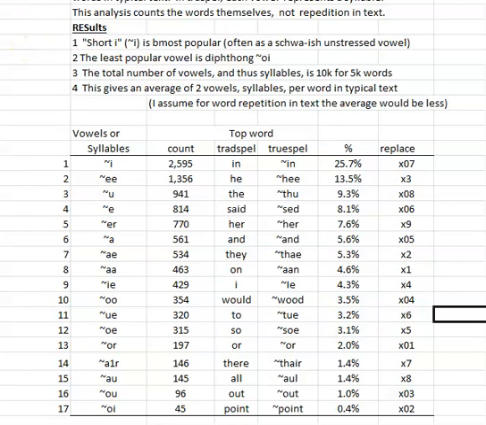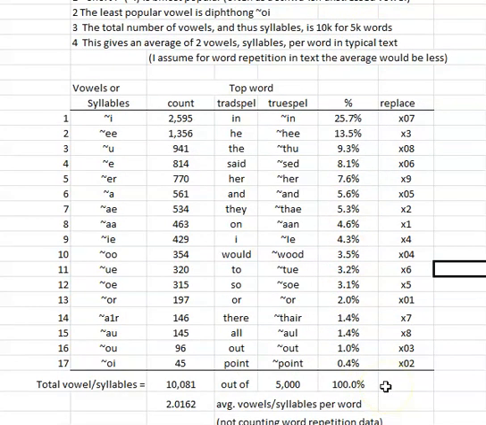So, looking back at the results again, the total number of vowels can be added up, and it's 10,000 vowels for 5,000 words. There they are. 5,000 is 100%. And if you divide that out, you get 2 vowels or 2 syllables on average per word.